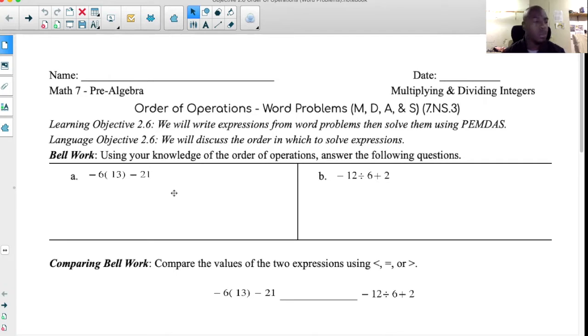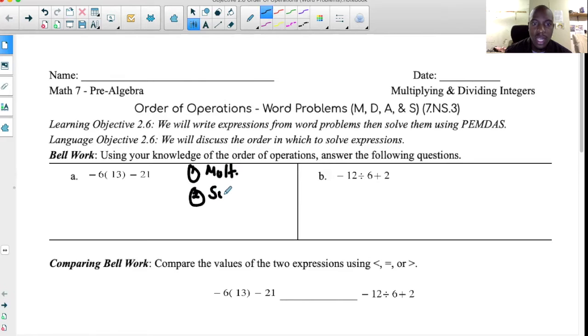So when I'm looking at this -6 parentheses 13, that's really saying -6 multiplied by 13, then subtract 21. Now that tells me what operations I have here: I have multiplication, and I also have subtraction.